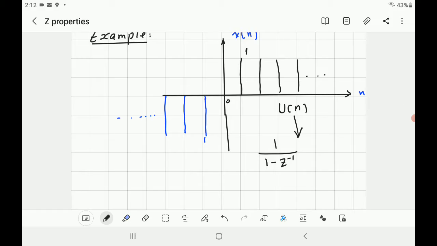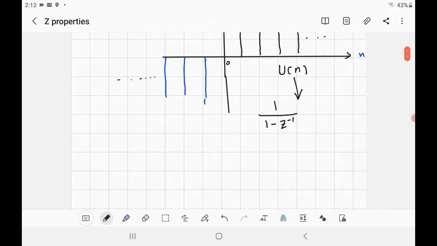You can look at it and you'll find that the z-transform of the unit step is equal to 1 over 1 minus z to the power minus 1. Sometimes some people prefer not to have z to the power minus 1, so you can find the equivalent by multiplying the top and the bottom by z. So you can say it's equal to z over z minus 1. Both are the same expression.